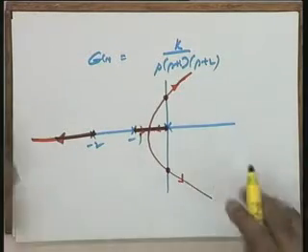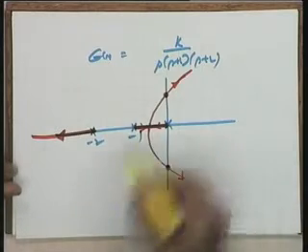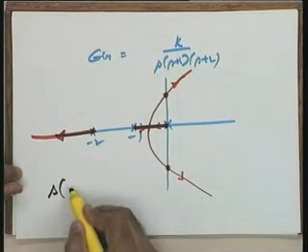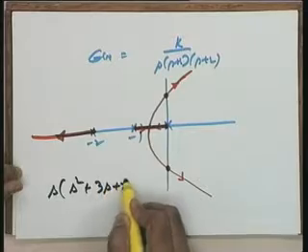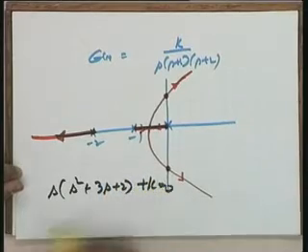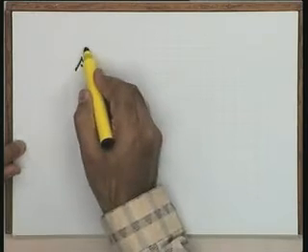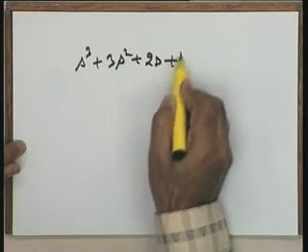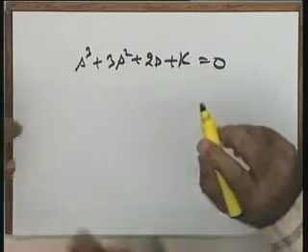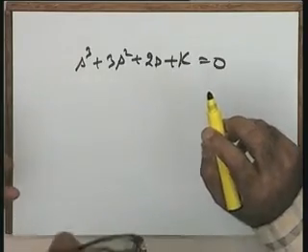In this particular case, what you will do, for example, the characteristic equation of the system is s cube plus 3s squared plus 2s plus k equal to 0, the characteristic equation of the system given G(s).